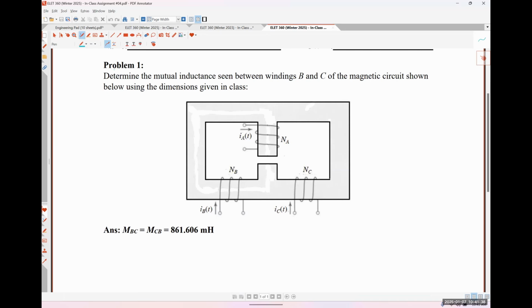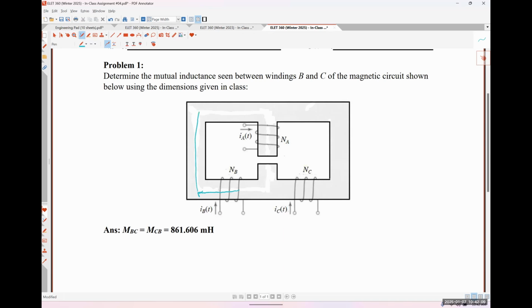If we look at the winding direction for coil B, this is what's going to tell us our sign at the very end. The way that it's wound and the way the current is flowing, my thumb should tell me what direction my flux is. Since my winding is wound around the front and around the back, my thumb is pointing in the direction of flux. So this coil is generating flux in this direction.